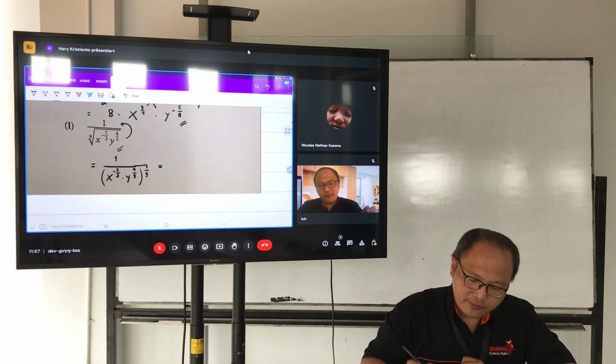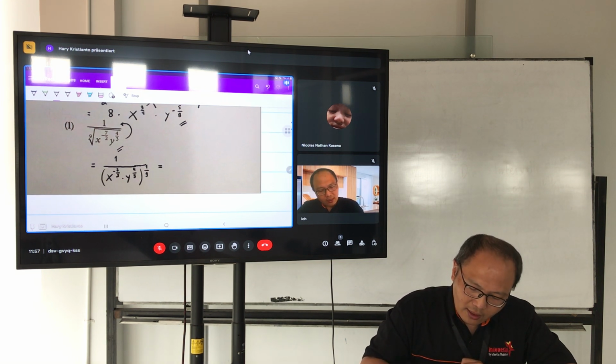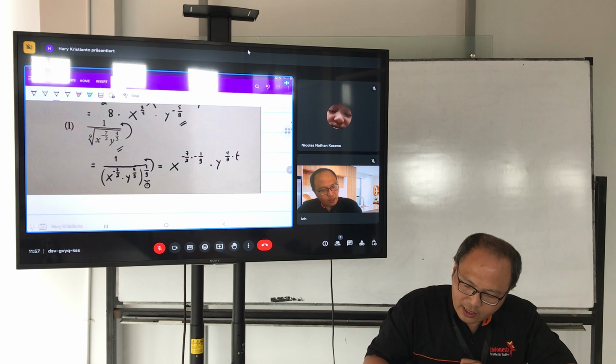If you have, then this move up, then you will have x to the power of negative 7 over 2 times negative 1 over 9. Because you move up, this becomes negative. And then you have y to the power of 4 over 3 times negative 1 over 9.